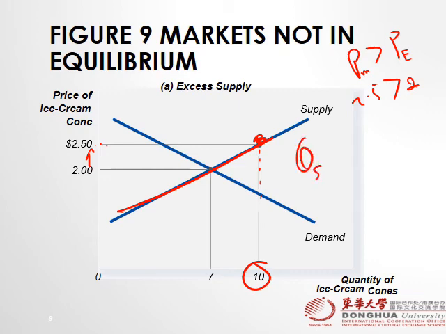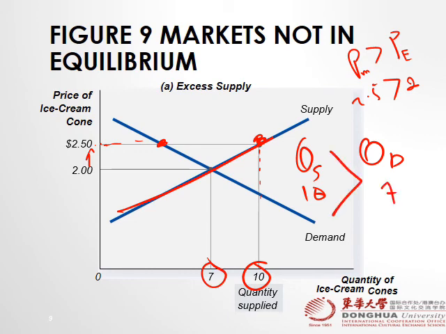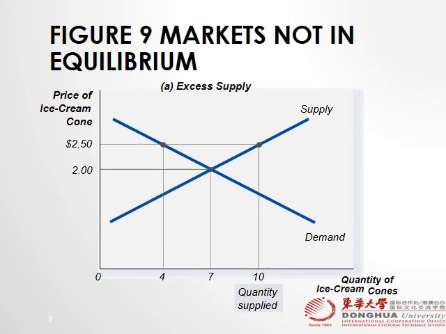Quantity supplied is 10 and quantity demanded, on the demand curve here, is 7, right? So quantity supplied is greater than quantity demanded, so we call this area surplus, right? Here it is. Let me remove all this writing here. So this area is called surplus, right?